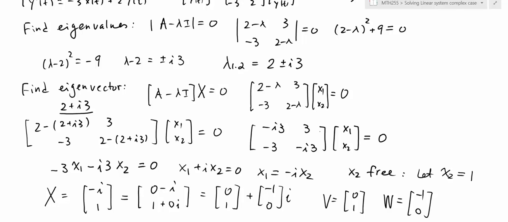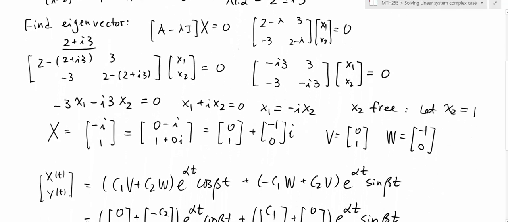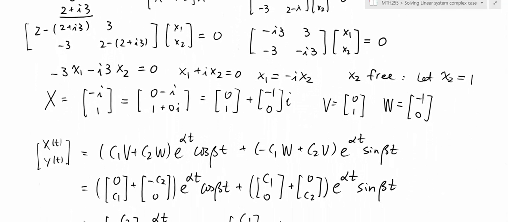But we are pretty confident we have found the eigenvalue correctly, so we know we just need one equation to find the eigenvector. We take the second one. Multiplying the second row by this vector, we have -3 times x1 minus 3i times x2, which is equal to 0. Simplify, dividing both sides by -3, we have x1 plus i x2 is equal to 0.